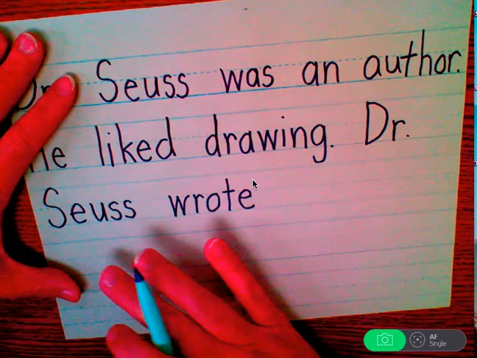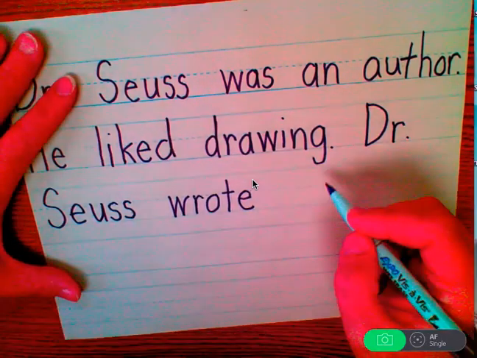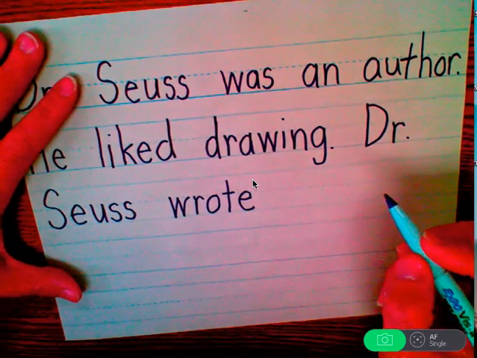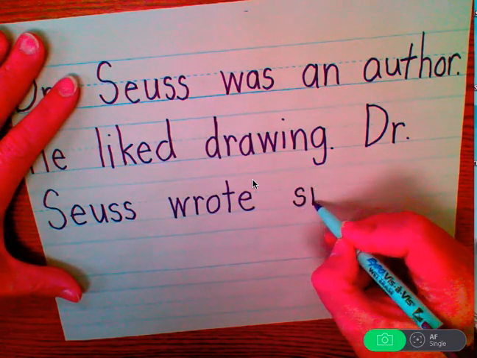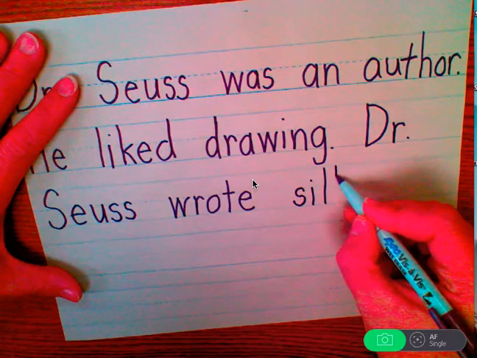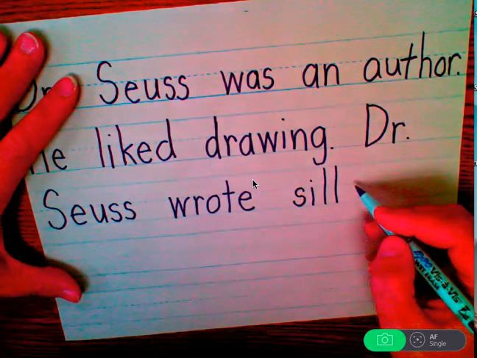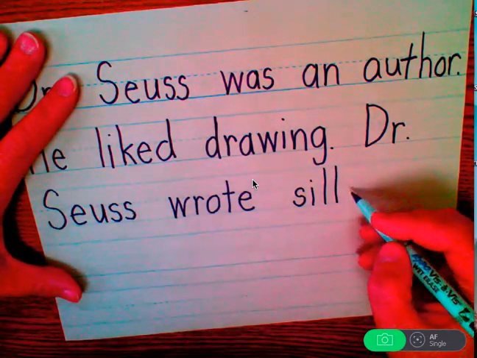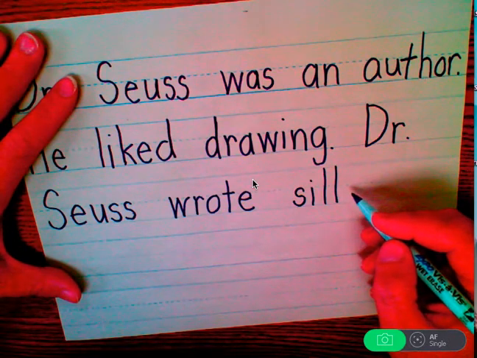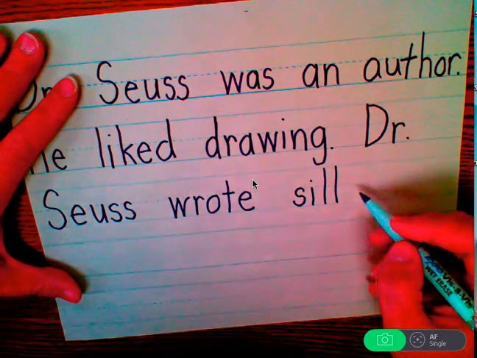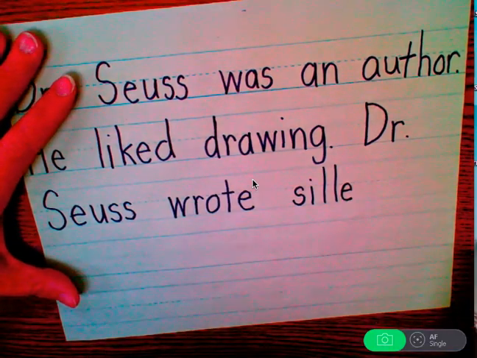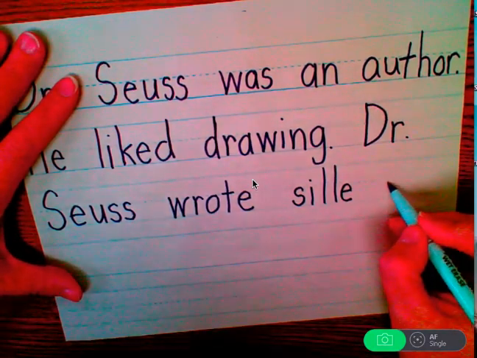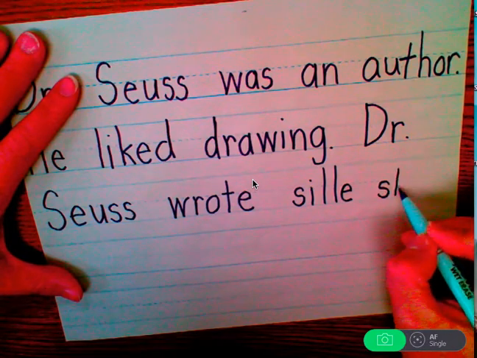So Dr. Seuss wrote, I kind of like silly because lots of his stories were silly. So I'm going to put the word silly. Now when I say E, it sounds like the letter E, so you can write the E, silly, and then we'll do the word stories.